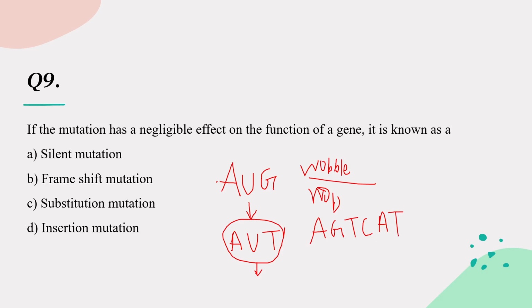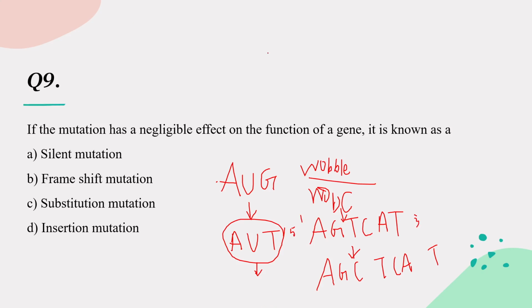Let's start with T. If I insert one nucleotide base here, for example C, then the triplet genetic code will be read as AGC, then TCA, and the T will remain like this. Are you getting my point? It is the 5' to 3' strand.